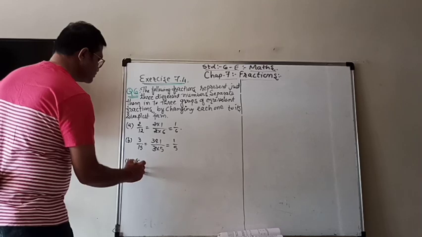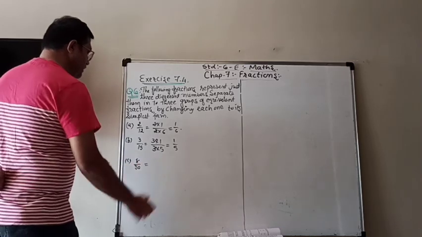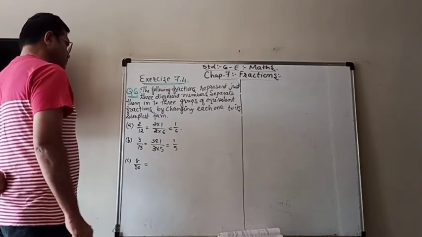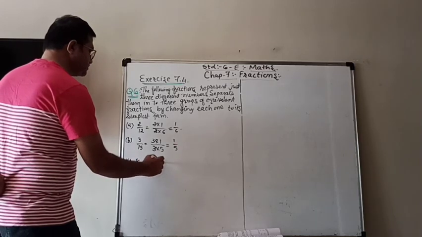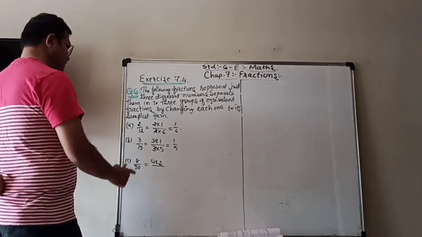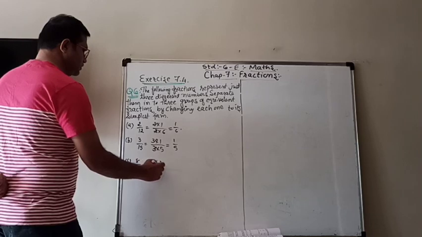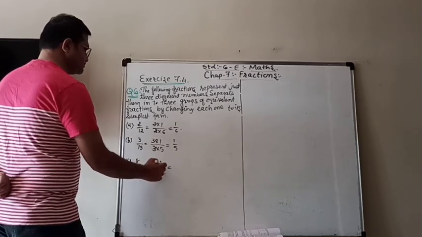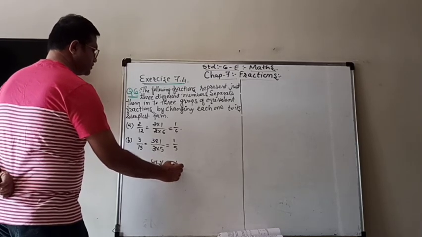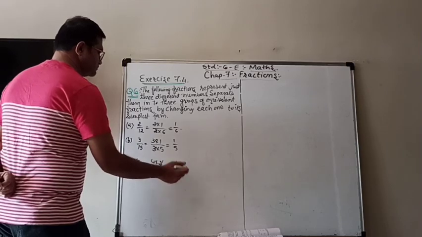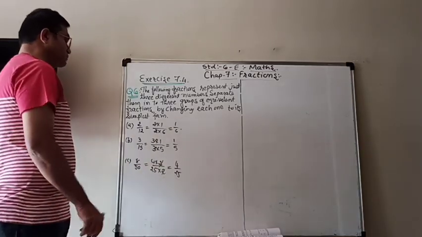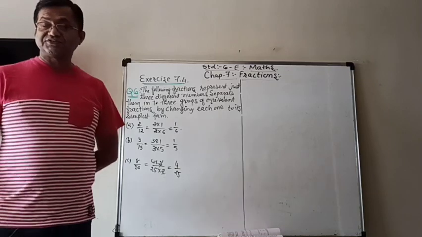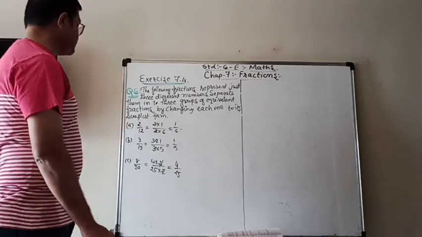Now 4 2s are 8 and 25 2s are 50. Now you can't go further because they don't have any common factors. So 4 upon 25.